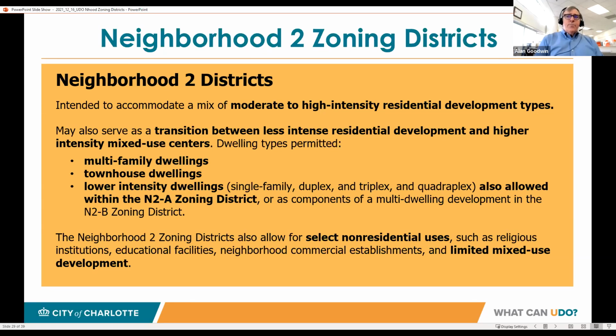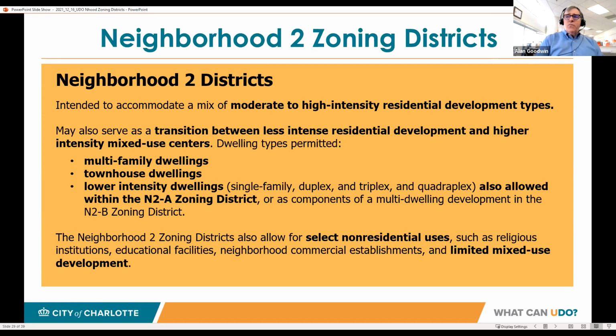So in a neighborhood 2 district, you can have multifamily dwellings, townhouses, and also some of the other dwelling types that are allowed in the neighborhood 1 district, such as single family, duplex, triplexes, or quads. You can have those in the N2A district or as components of a multi-dwelling development in the N2B district.